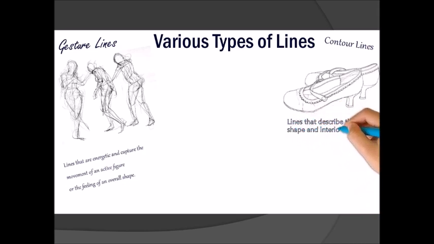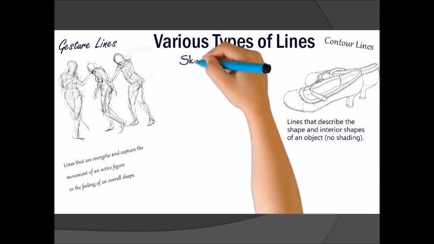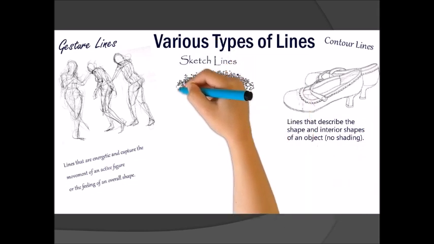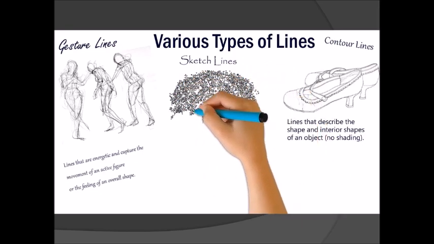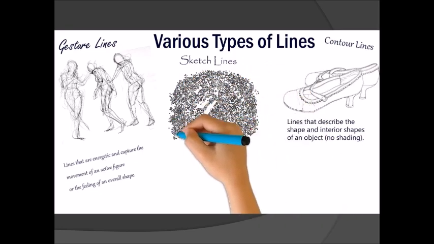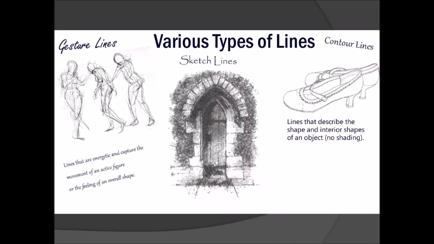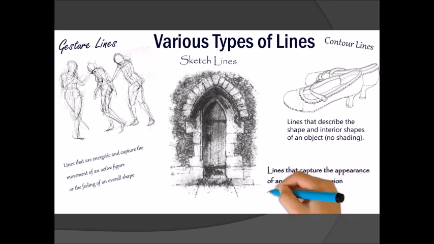These lines describe the shape and interior shapes of an object with no shading. Sketch lines. These lines capture the appearance of an object or the impression of a place. They create texture.